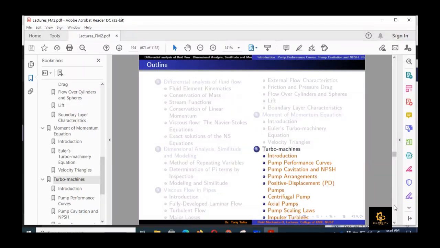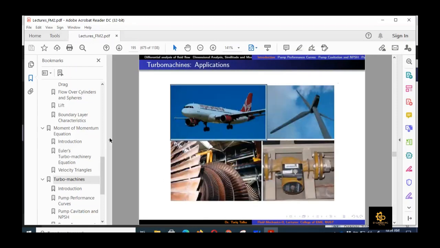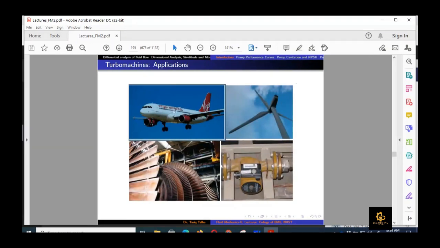This is the slide where we see that there are many applications of turbo machines. Here we have a turbine as well as a nozzle installed.